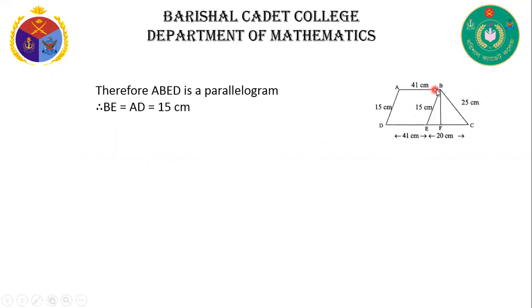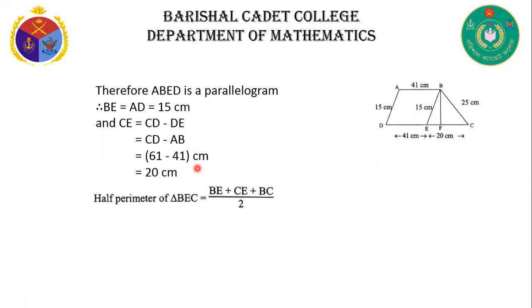Here BE is equal to AD is equal to 15 centimeter, and CE is equal to CD minus DE. That means CD minus AB. Here AB is equal to 41. That's why 61 minus 41 centimeter. That means 20 centimeter.